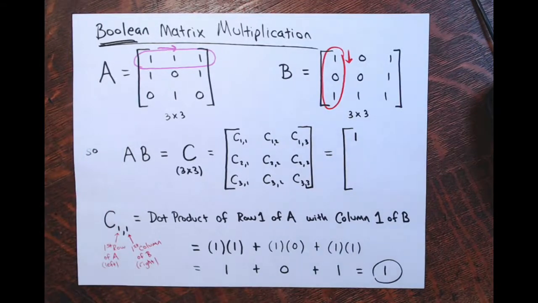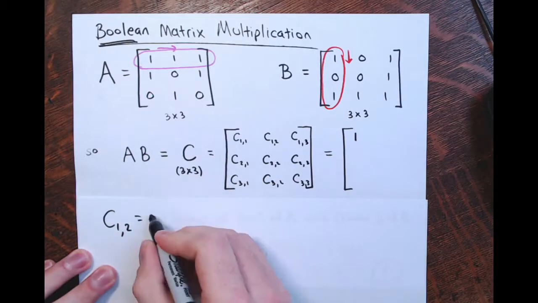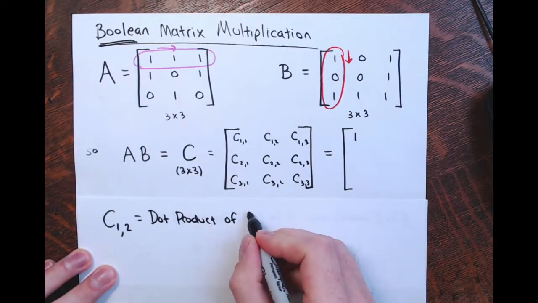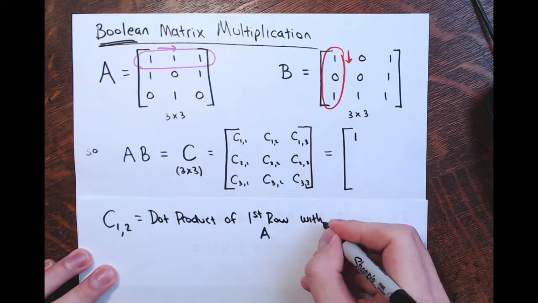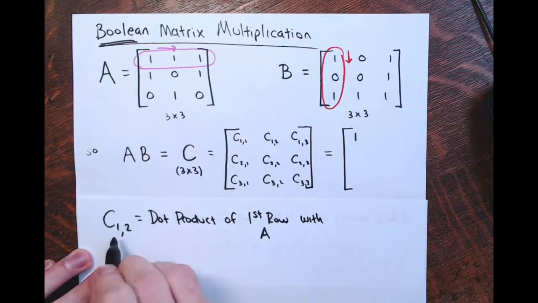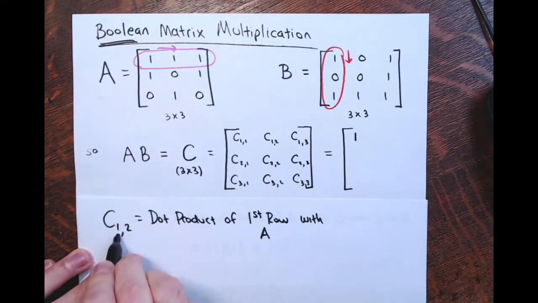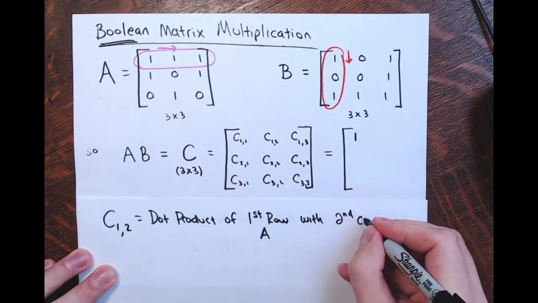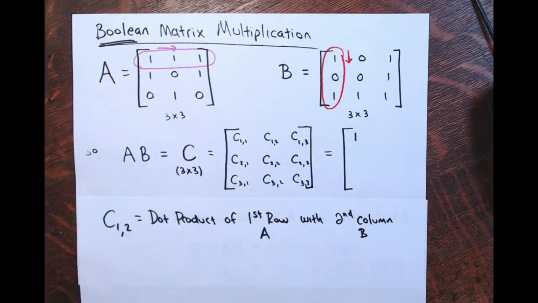And I do the same stuff for the other entries. When I want the first row, second column entry, C12, I take the dot product of the first row of the left matrix A and the second column of the right matrix B. I already have the first row of A highlighted.